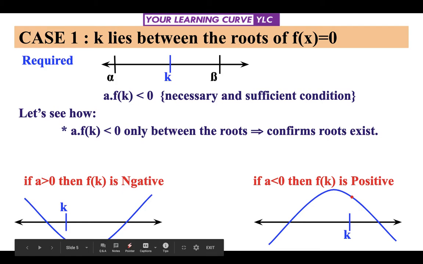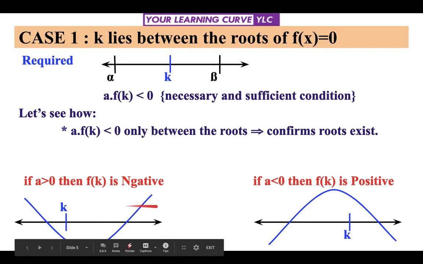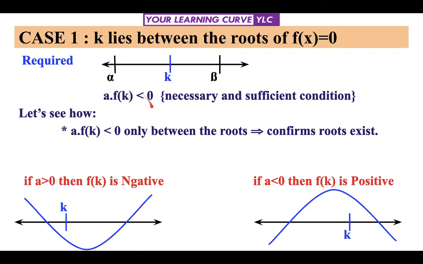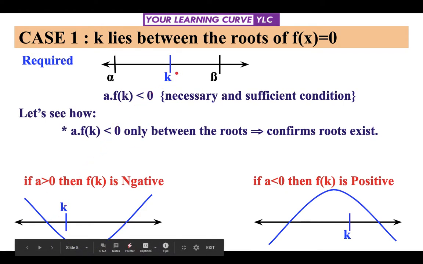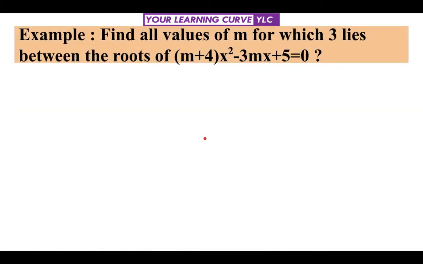The function is attaining a positive value at k, it means it will definitely cut the x axis before k and go to this positive value and then start decreasing and cut the x axis again to reach minus infinity when x tends to plus infinity. So only this inequality is sufficient to ensure that the roots exist and k lies between the roots of the quadratic equation f of x is equal to 0.